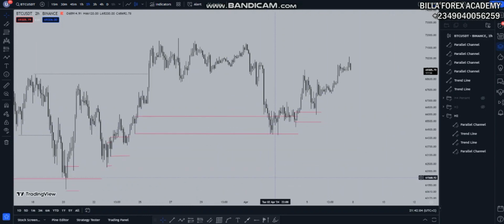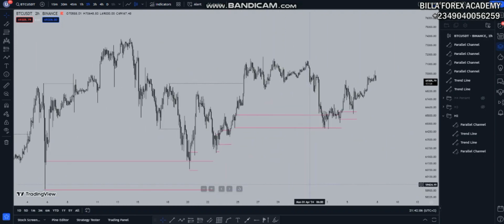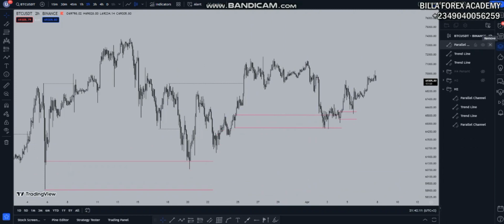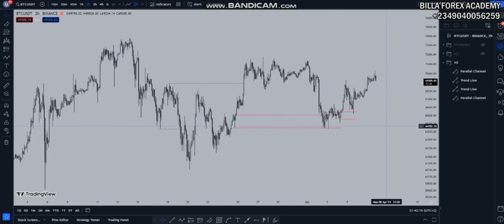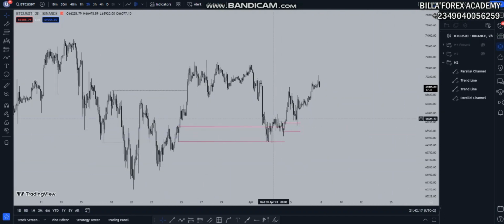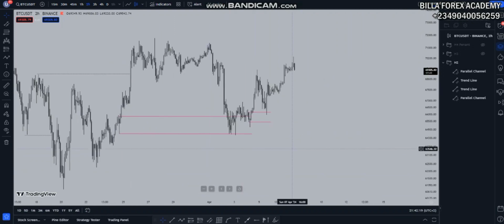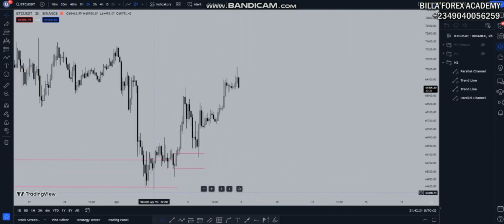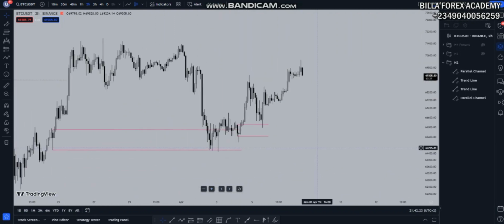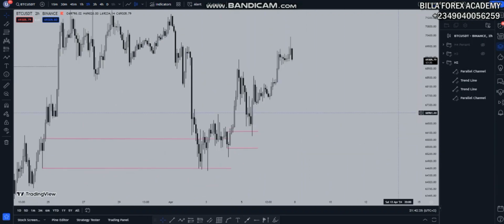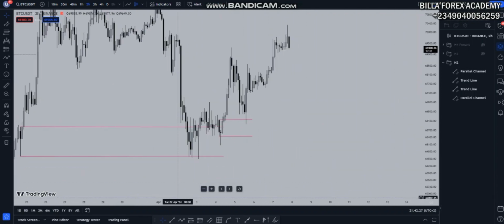So now what's the next one we're looking for? Let me delete all this. So over here now we have our mitigation. What's next? Moving up, what do we see over here? After the mitigation, we see that price creates a break of structure, giving us a double break of structure.